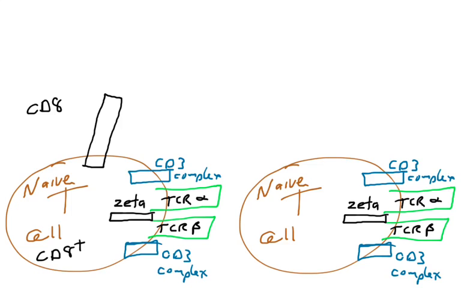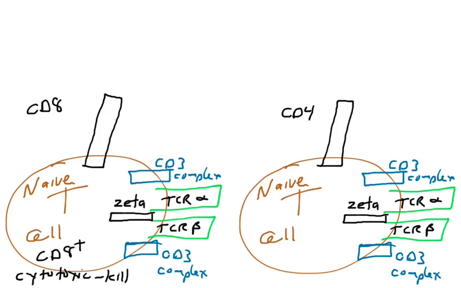So some T cells in the body have CD8 on their surface. We call this CD8 positive, and that can help us tell the function of this T cell. If this T cell becomes activated, it will become a cytotoxic T cell and wander the body, killing infected cells. And we'll see the function of CD8 in a minute.